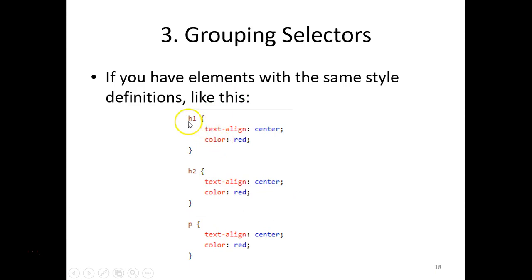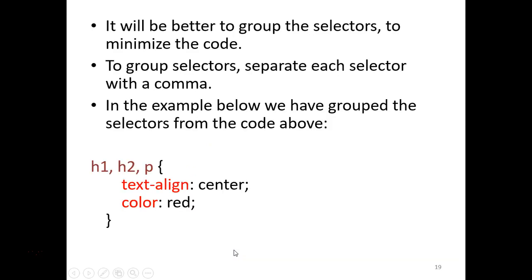Now h1 I am going to use as a tag in HTML, but the tag itself is defined as a group. So wherever I use h1, it is going to be text-align center and red color. Whenever I use h2, it will be text-align center with color red. And wherever I use paragraph, it is going to be text-align center and color red.